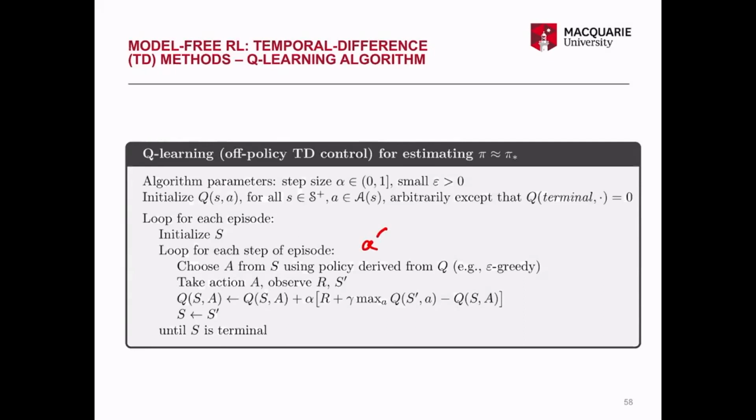So we choose an action for the state we are in, derived from Q using epsilon greedy. And we take that action, we observe our next state and reward. And in our next state, we're using the maximum Q value, which means that you're assuming that you're following the optimal action after where we are now.